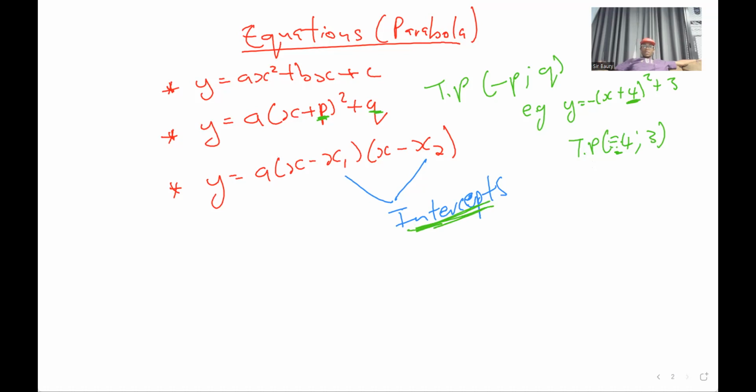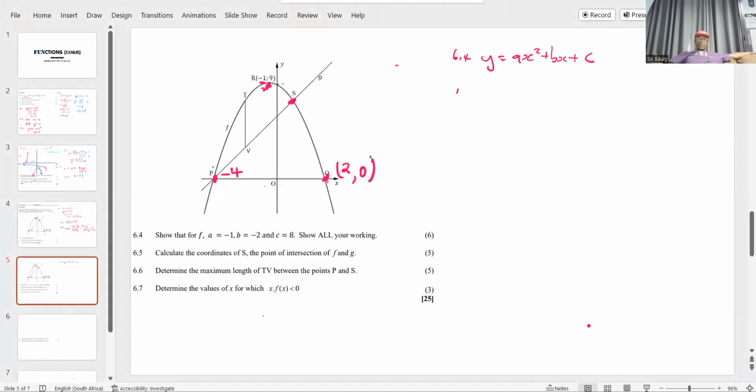So y equal to a, then (x minus x1)(x minus x2), right? And then, oh, I forgot something.